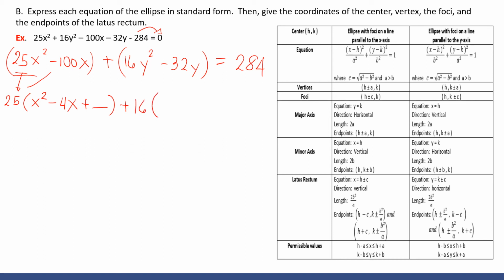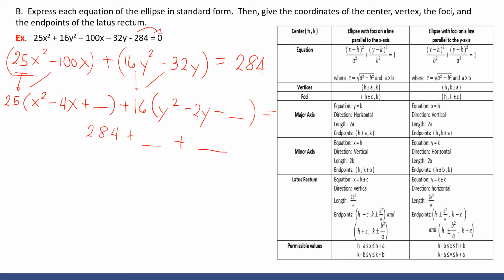And then, matitira sa loob, 16y squared divided by 16 is y squared, and negative 32y divided by 16 is what? Negative 2y. And then, plus blank. Okay? Equals 284, then plus blank, plus blank.